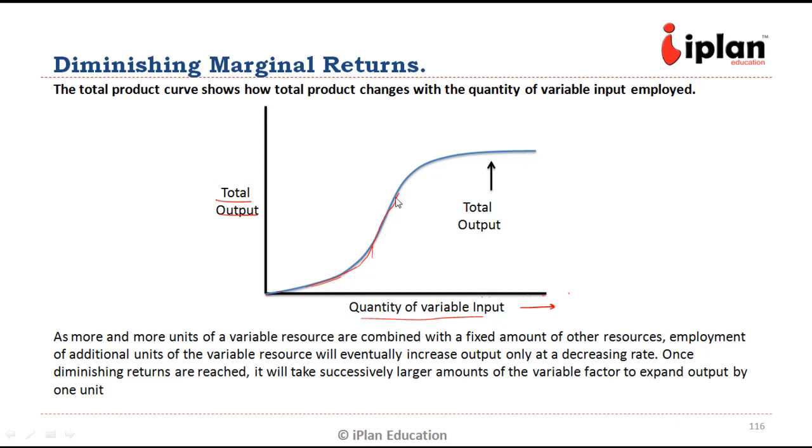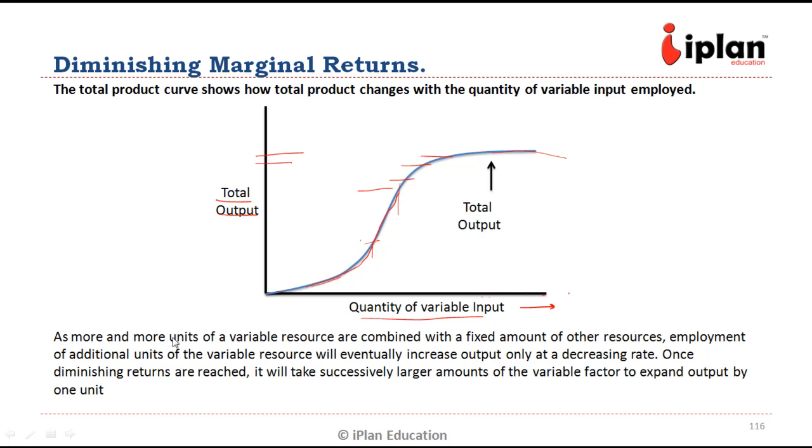So one extra labor we hire, we are able to produce much more here, but after that we get a saturation point. If we try to hire more labor, there is not much change in the output produced, and it might even be negative, that hiring one extra labor is actually reducing the output.